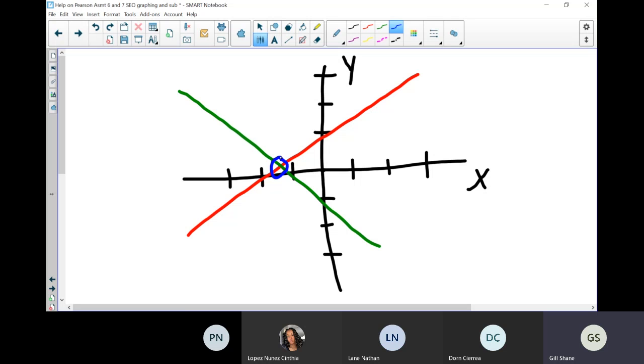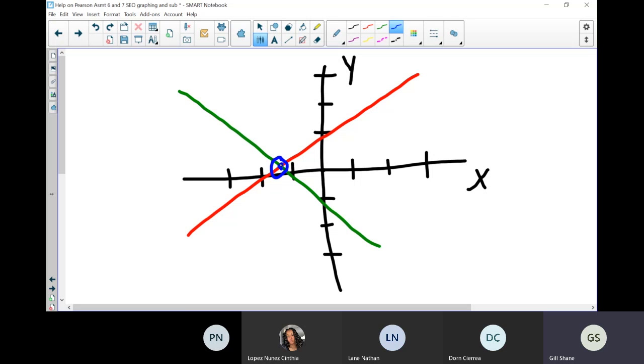Well, the point where they cross, right about there, I missed it. Oh man, so close. Let's try it one more time. Oh, I missed it. This thing doesn't tap exactly. Anyway, right there. The point where they cross, obviously that point is on both lines. So therefore it is a solution to both equations, and it is the one and only point that is a solution to both equations. That's why it's the solution to our system of equations, because it's the only point on both lines.